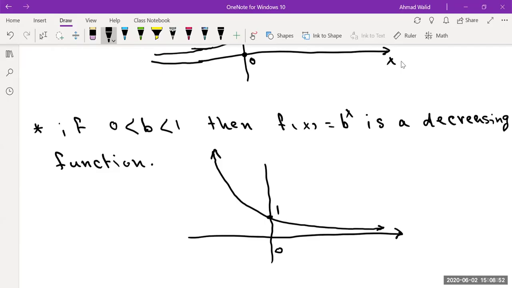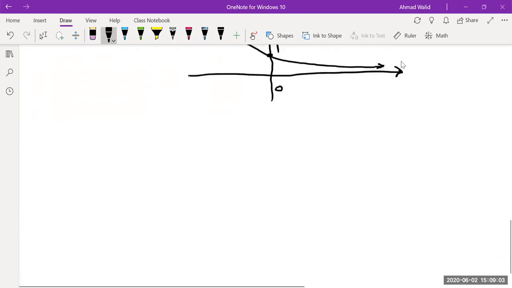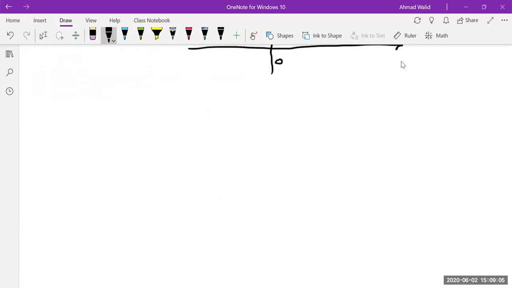This graph represents f of x equals b to the power of x, but your b is less than 1, greater than 0. Let's do a numeric example. For example, if you graph f of x equals 1/2 to the power of x, your b is 1/2, and 1/2 is between 0 and 1, right?